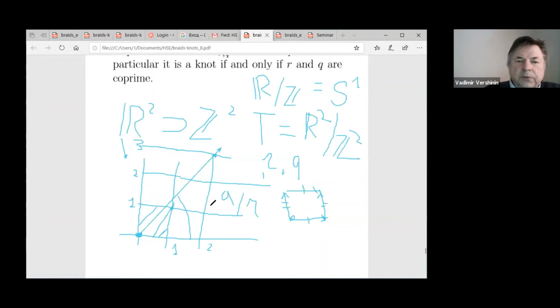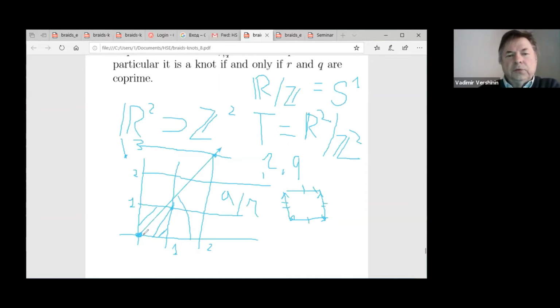Excuse me for the bad drawing, but these intervals are in the plane, and so this is our torus. This is what is happening in our torus.